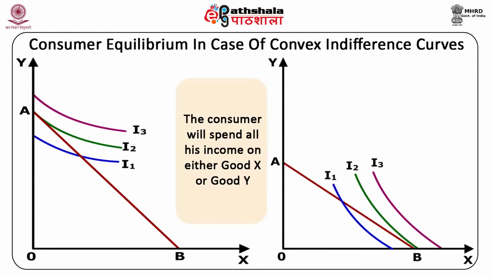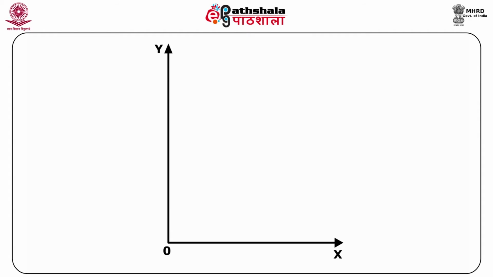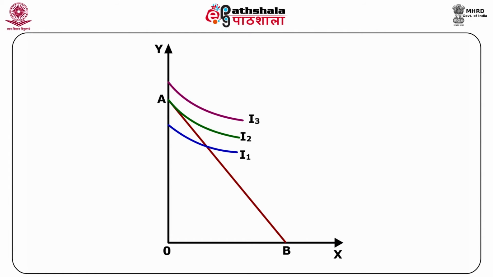In this case, the consumer will spend all his income either only on commodity X or only on commodity Y. In the figure, the budget line AB is steeper than the indifference curve between the two goods, so that the MRSXY is less than PX upon PY for all combinations on the budget line AB.